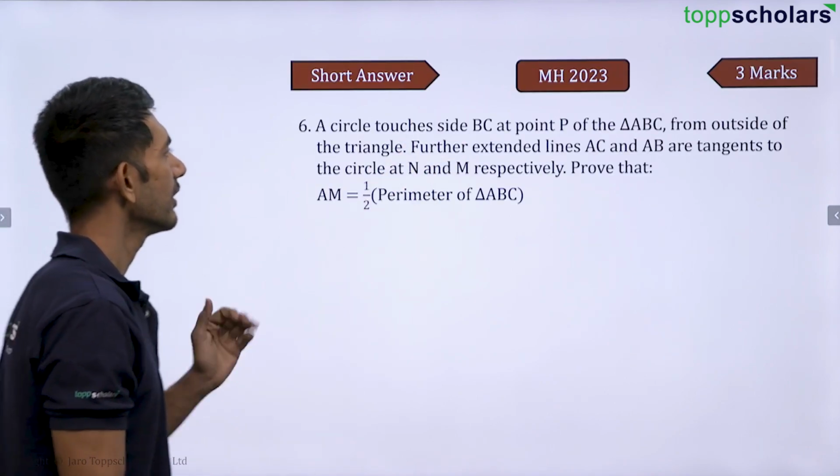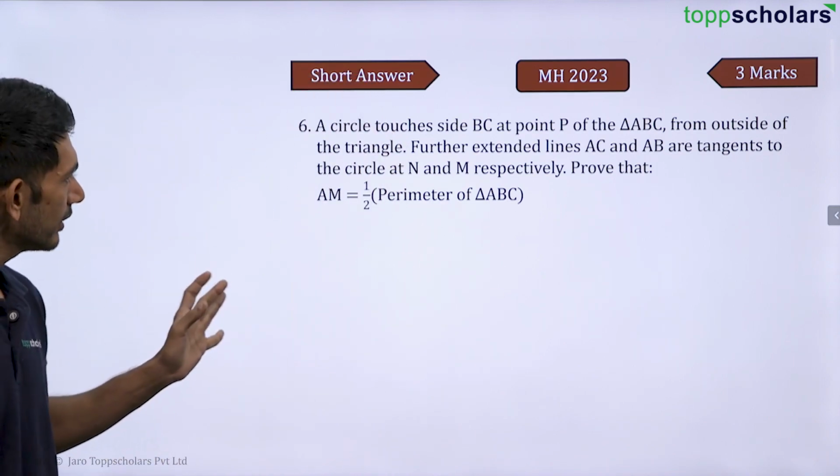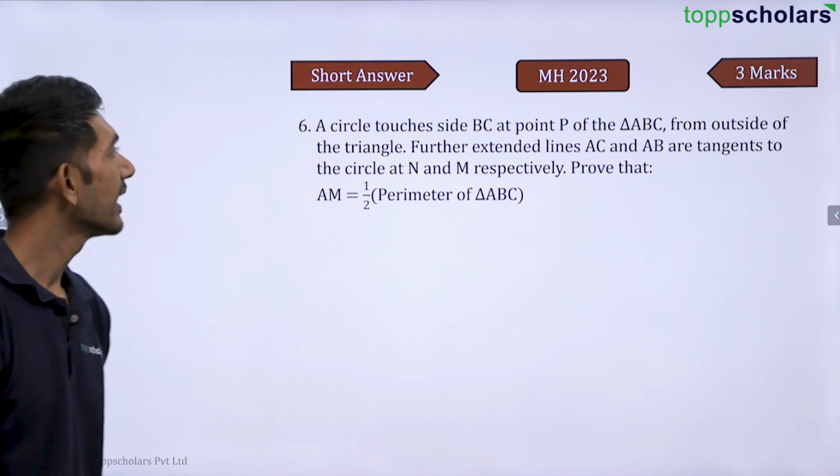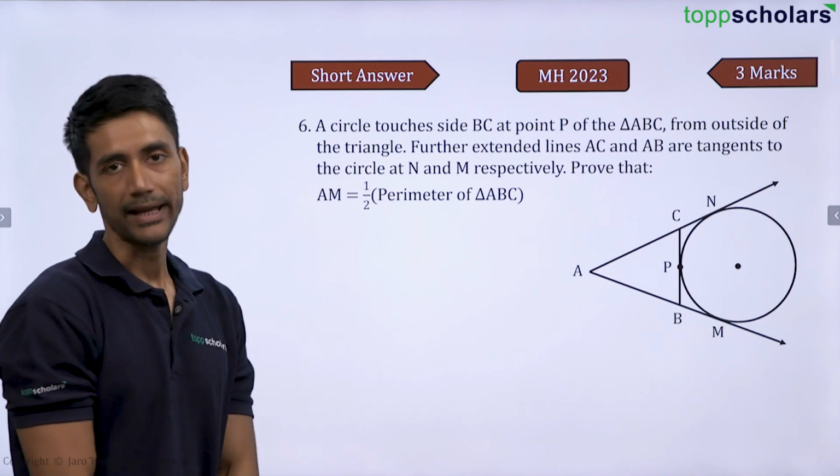It says, a circle touches side BC at point P of triangle ABC from outside of the triangle.